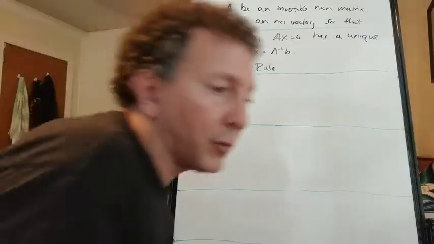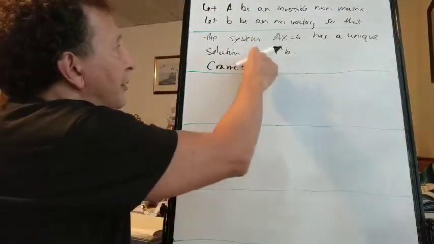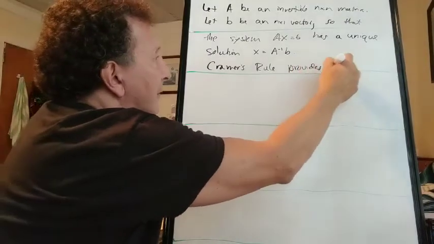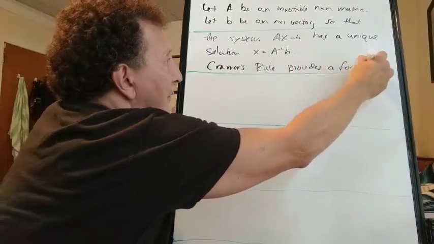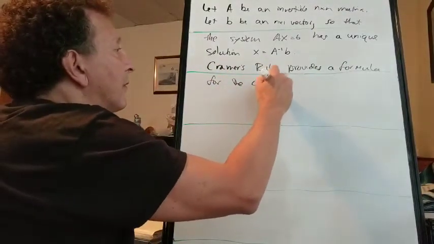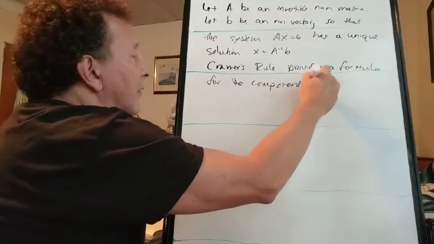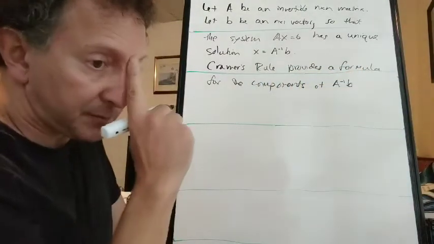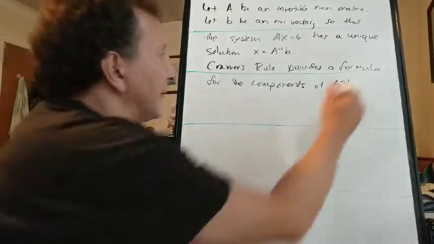Now, Cramer's rule provides a formula for the components of this vector in terms of determinants.